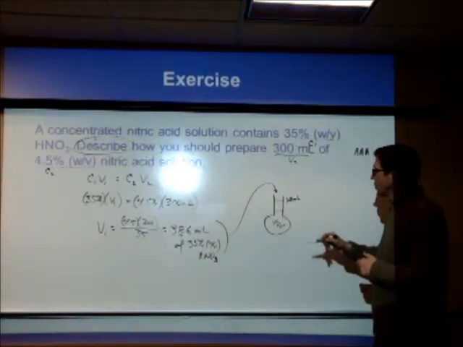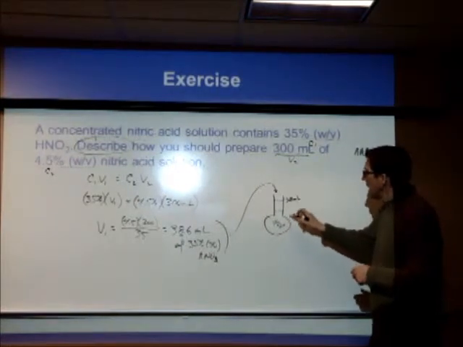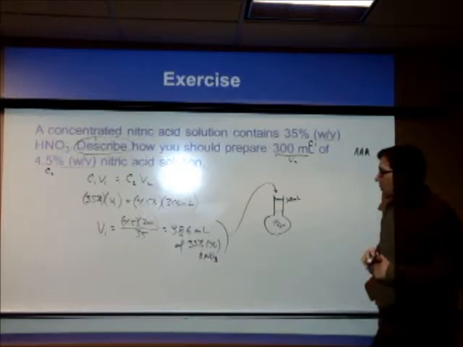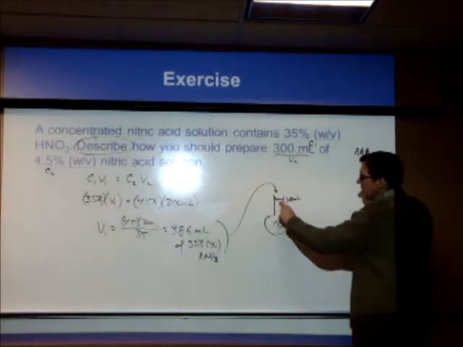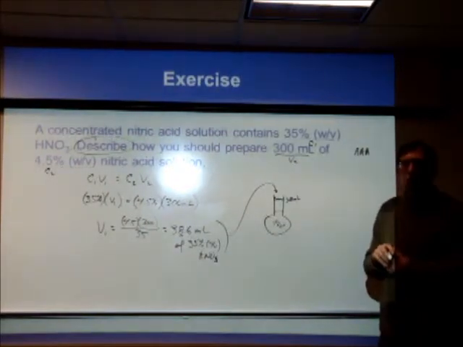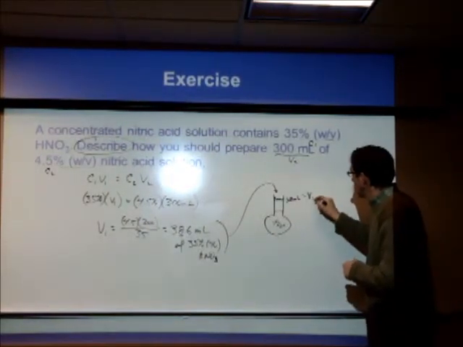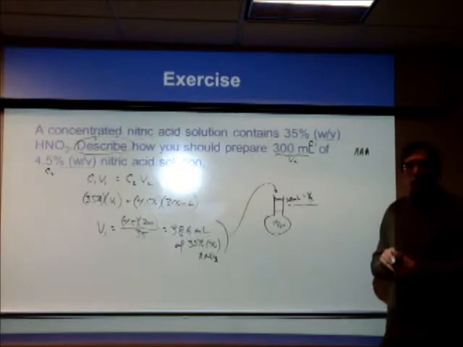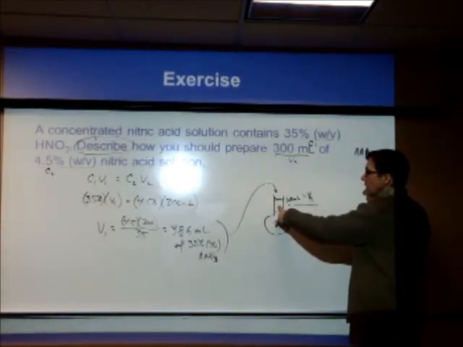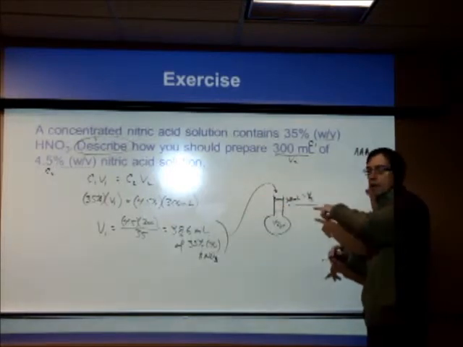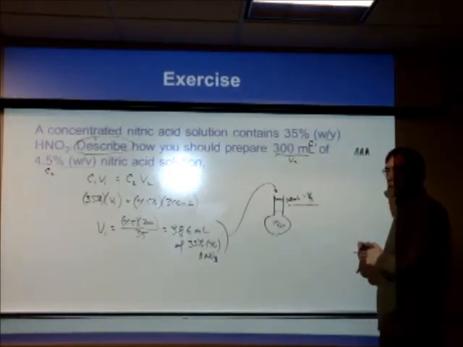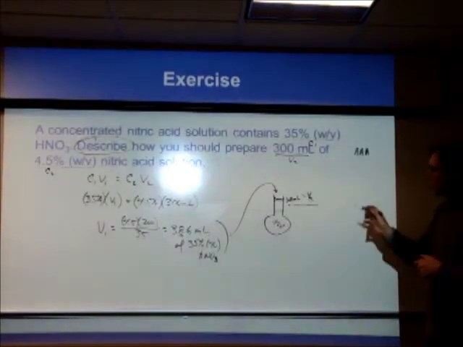And then after that's poured in, I'm going to bring it up to a final volume with the bottom of the meniscus at the line, to a final volume of 300 milliliters. The point is that my final volume is 300 milliliters. I wouldn't take 200 milliliters or 300 milliliters of water and then add that to it. I want my final volume, water and acid, to equal 300 milliliters. So that's the end of this problem.